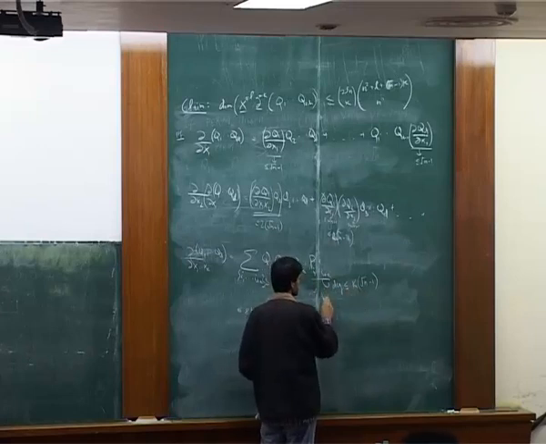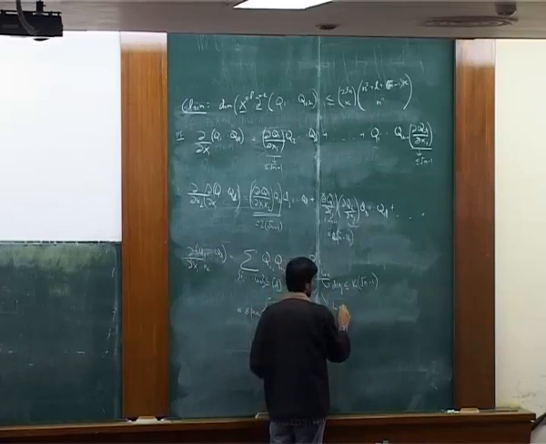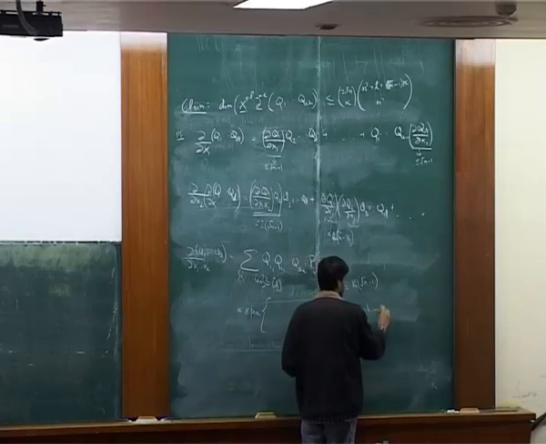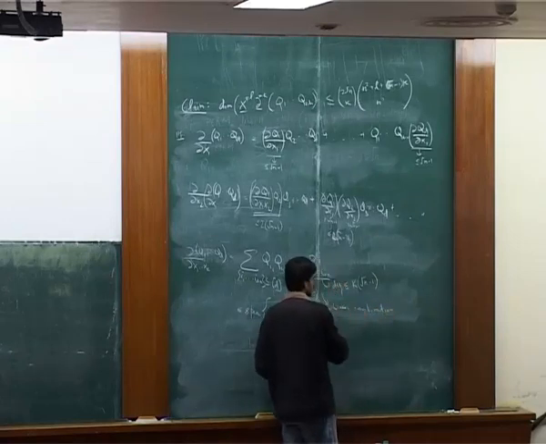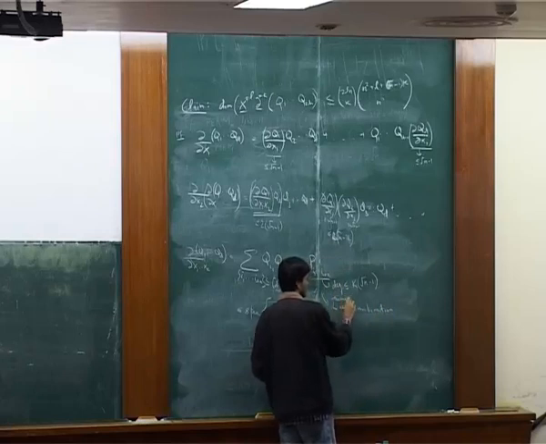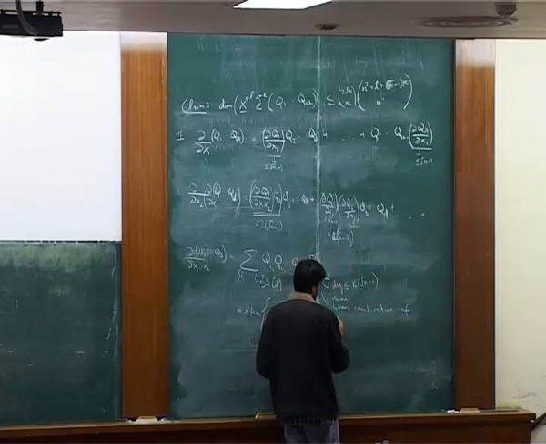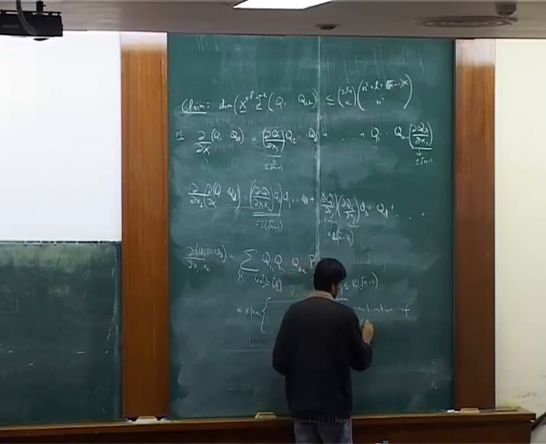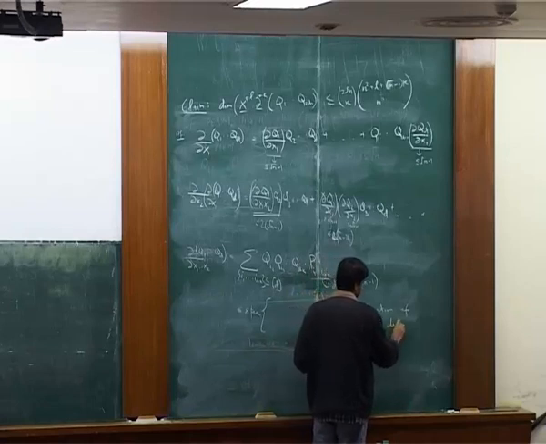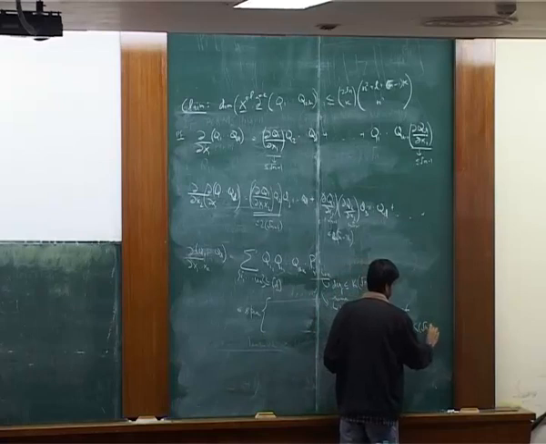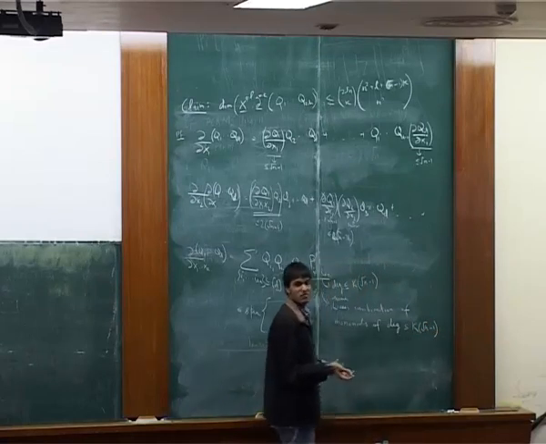So in general, any such polynomial is some linear combination, I don't know what, of monomials of degree, right.